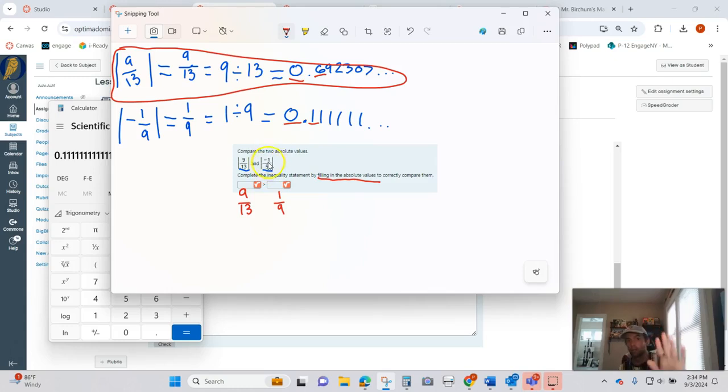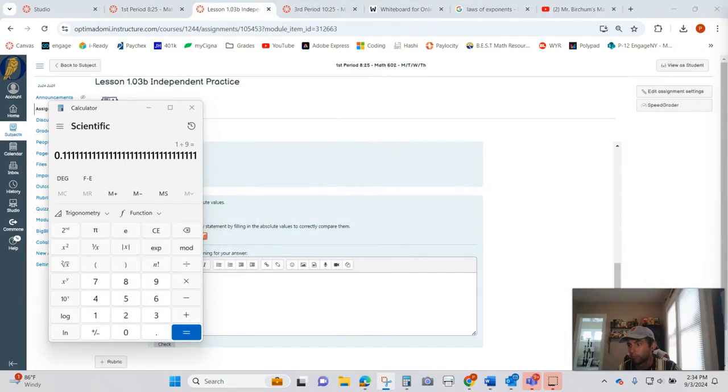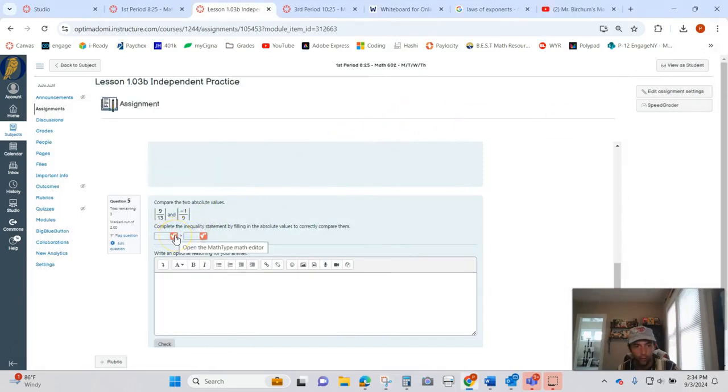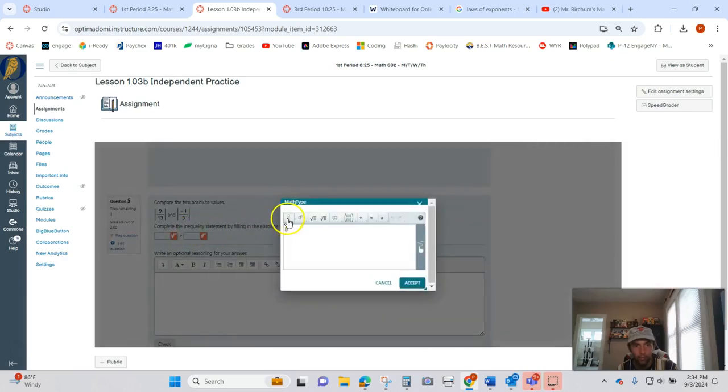Now I could be wrong. And if I am, thank goodness, we have more than one try. We have infinity tries. So let's try and see if we are correct. So for me, my bigger fraction goes on the left, and I click the red check mark button.